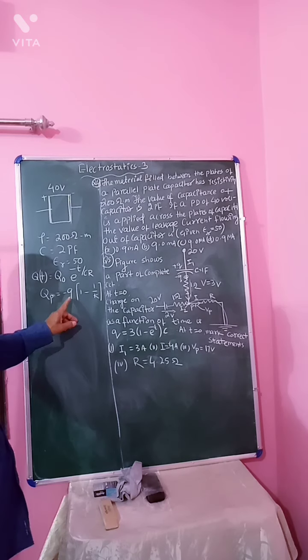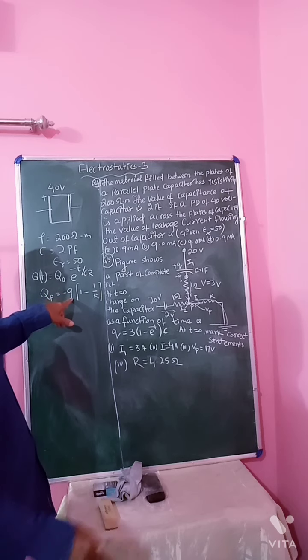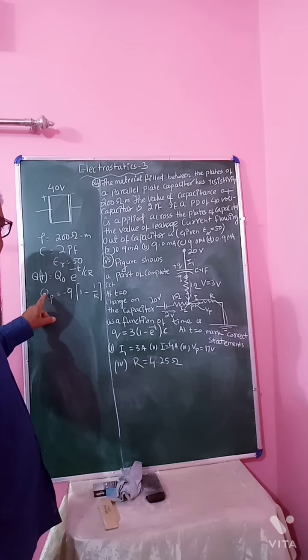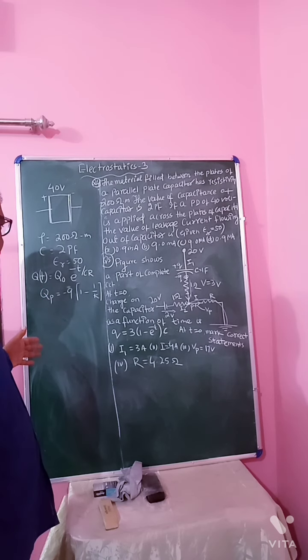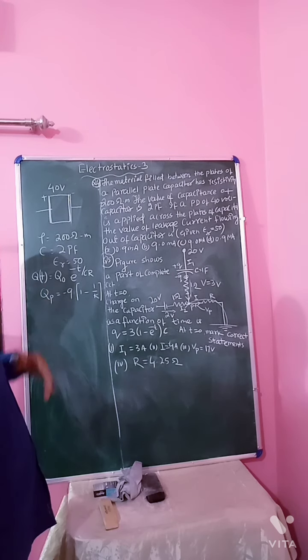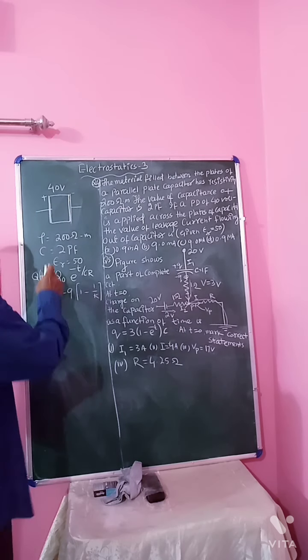So because of the variation of this charge on the plates of the capacitor in the process of discharging, this polarized charge will change and this will produce a current, leakage current, which is the same as dq by dt.